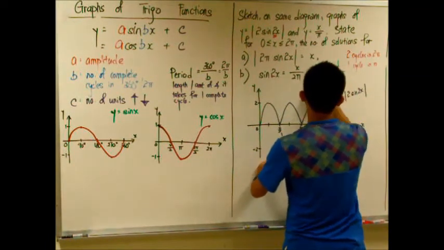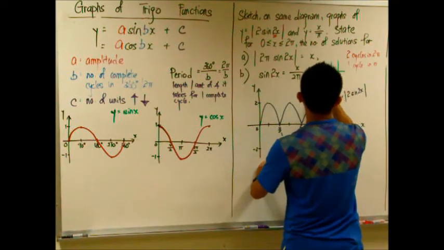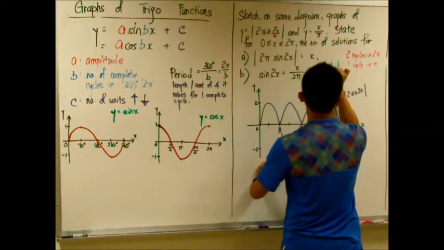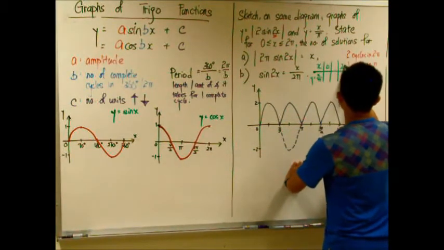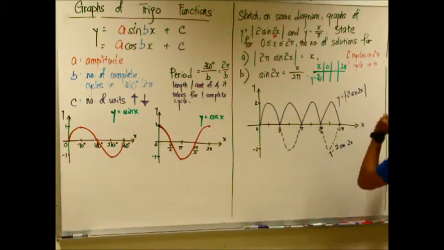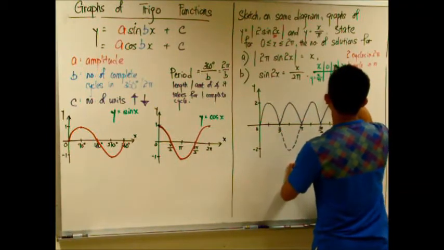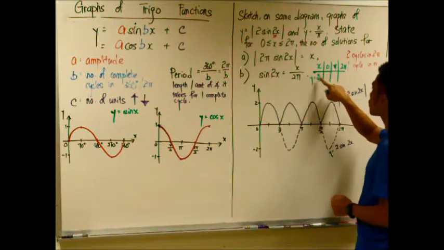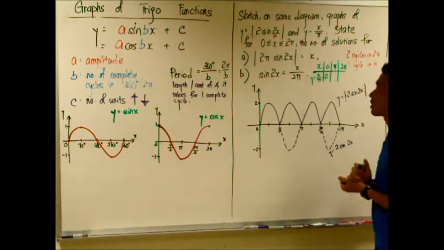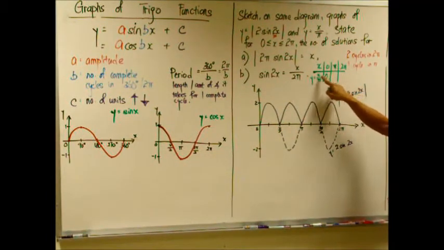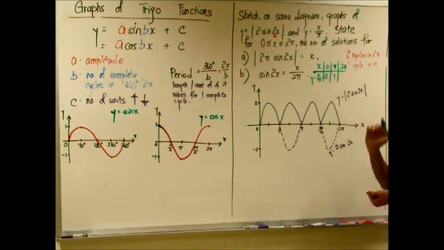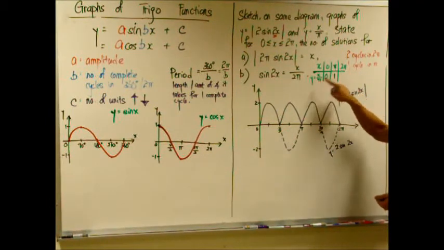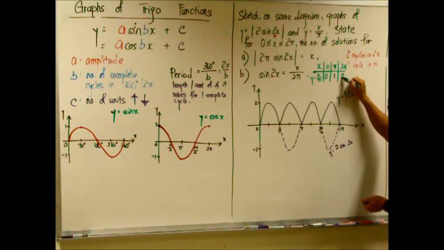Choose 3 convenient points. I will choose 0, definitely the end point, and another point in the middle. For your x-axis, when it's 0, you substitute inside, obviously it's 0. When it's pi, you will get 1. When it's 2 pi, you will get 2.